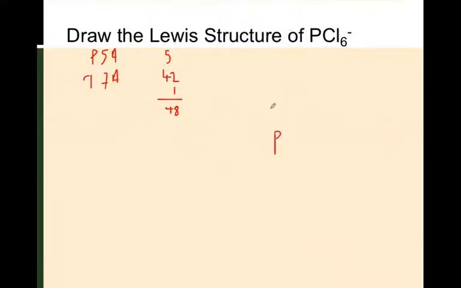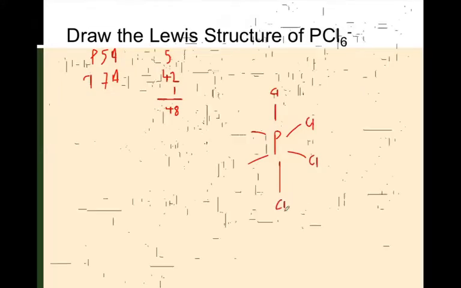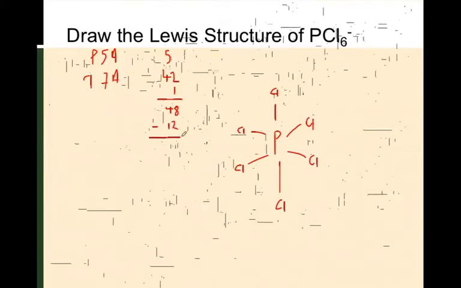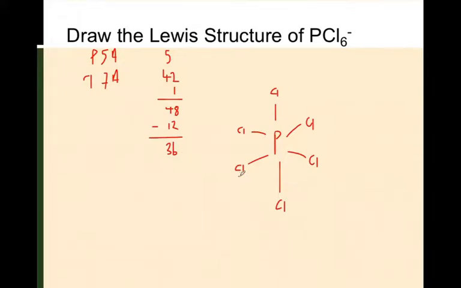Draw the phosphorus in the middle with 6 bonds. So 6 times 2 is 12, leaving us with 36 electrons. 6 on each chlorine again.